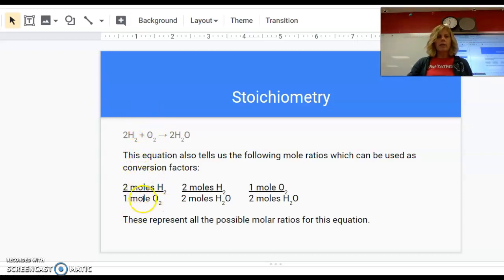So I know that this is a true statement, so I can use this conversion factor, and I can flip it either way because it's a conversion factor. The next one, 2 moles of hydrogen gas, H2, can produce 2 moles of water.